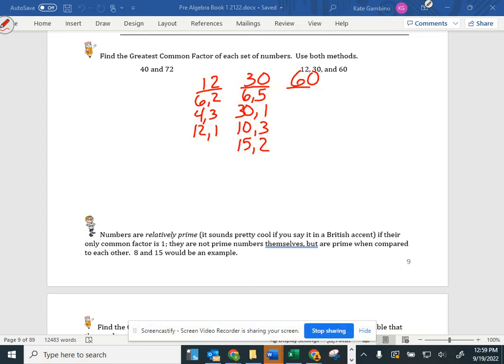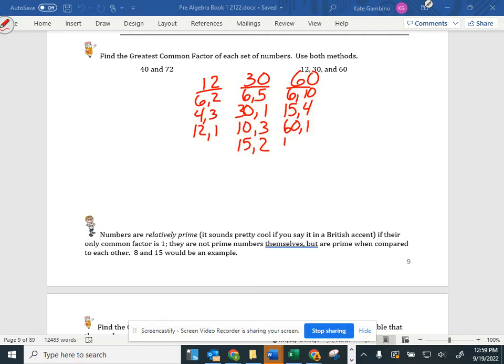Yep. So let's look at 60. What are my factors? Tegan? 6 and 10. Emmett? 15 and 4. Emmeline? 60 and 1.